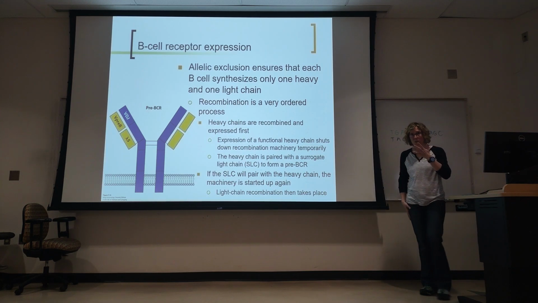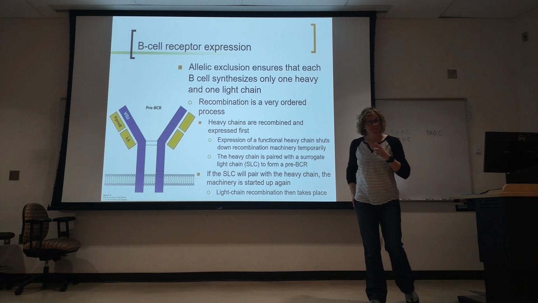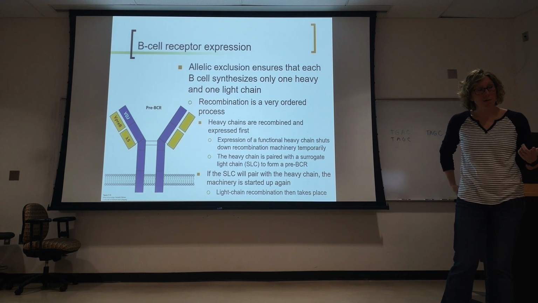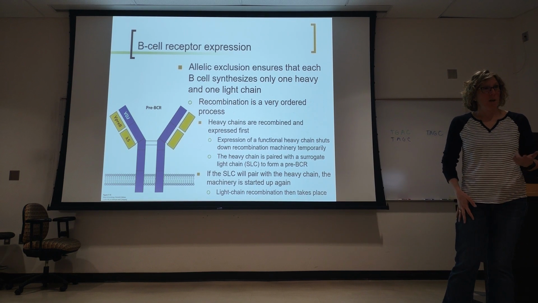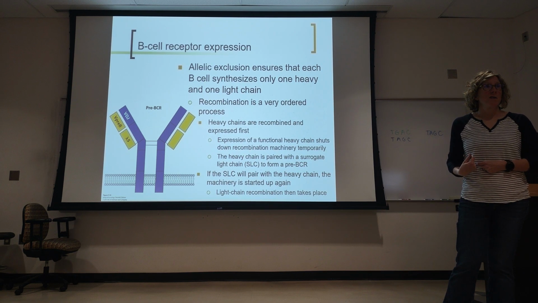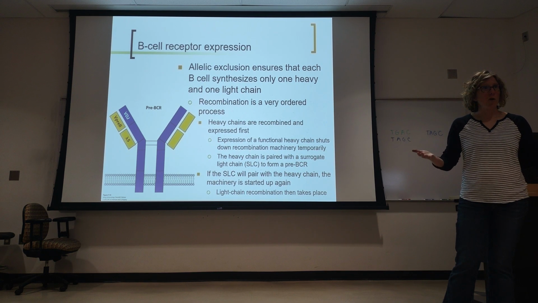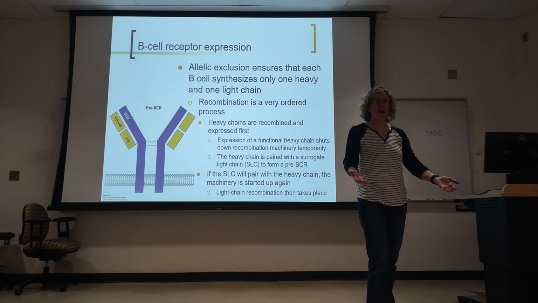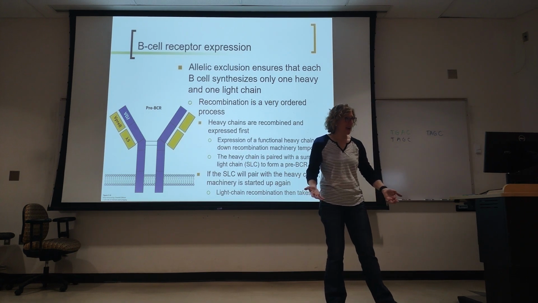Okay, so maybe you've thought about this, maybe you haven't, but this is happening inside somatic cells, right? So we have our full chromosomal complement. You have a chromosome 22 from mom. You have a chromosome 22 from dad.